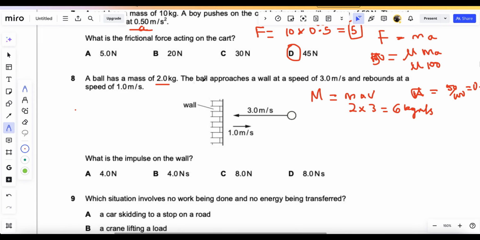And it rebounds at a speed of this. So after it collided, it started going in the opposite direction. So what's the momentum after collision? The law of conservation of momentum says the total momentum before collision equals the total momentum after collision.